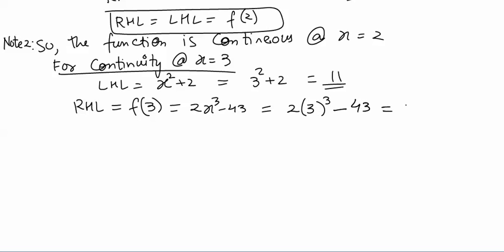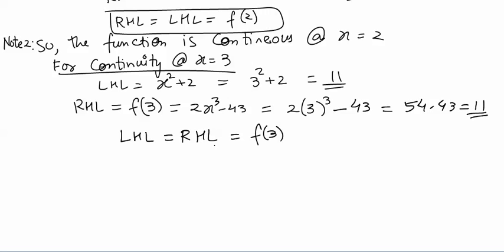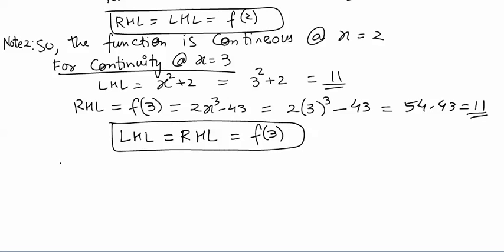So it is 54 minus 43, which will be again 11. So can I say again the function is continuous? Yes. RHL is equal to LHL is equal to f of 3. So we can also say the function is continuous at x equal to 3.